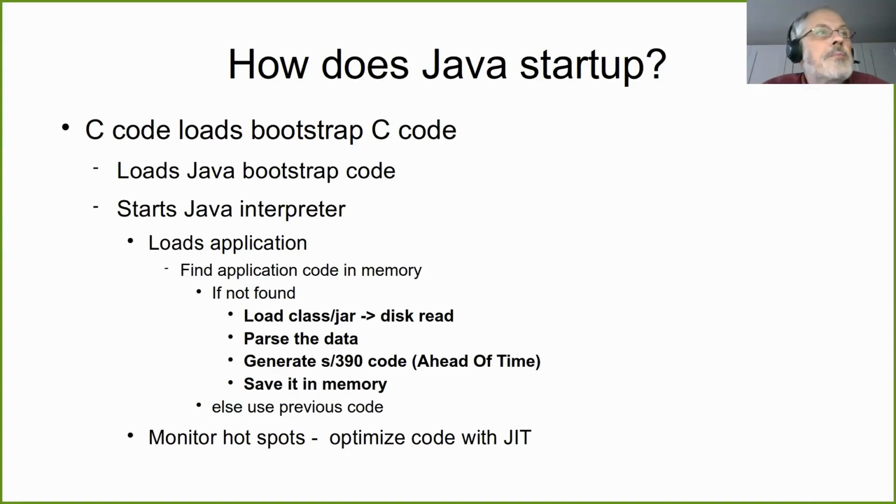I will go and load it. And it says, is this already in memory? No, it's not. So it goes off to disk and loads it in from disk, parses it just like we saw with the REXX, and generates the ahead-of-time compilation in line and saves that in memory. If it did exist, it can jump straight into reusing it.